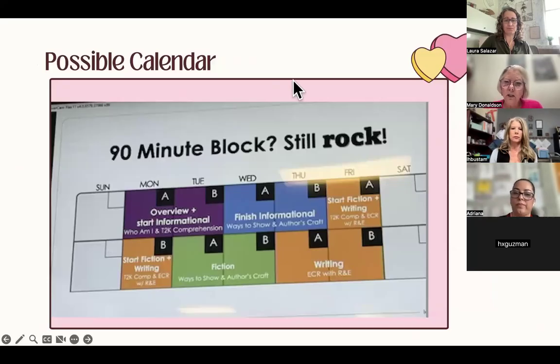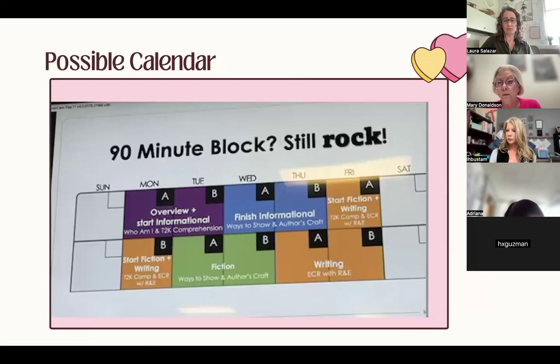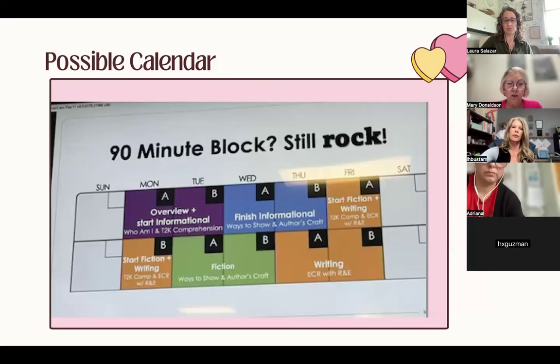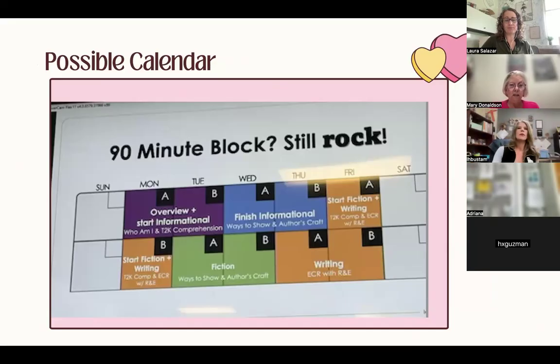All right, and then I took a picture of this. This might be something that you would do when you come back, is talk about, all right, the first 2 days that we're back, we're gonna talk about and review informational text, but we're gonna be focusing in on the comprehension standards. And then the next 2 days, we're going to zoom in on author's craft in informational text.